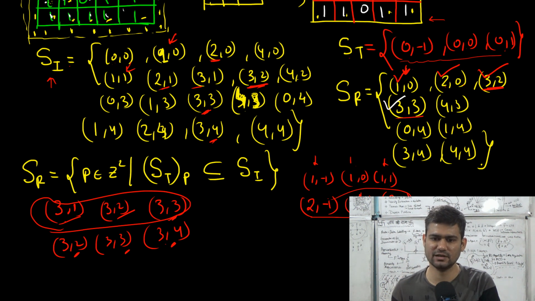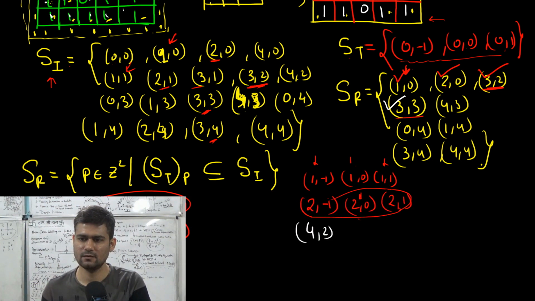So with (4, 3) we get the translated set of (4, 2), (4, 3) and (4, 4). So (4, 2) is present, (4, 3) is present, and (4, 4) is present.